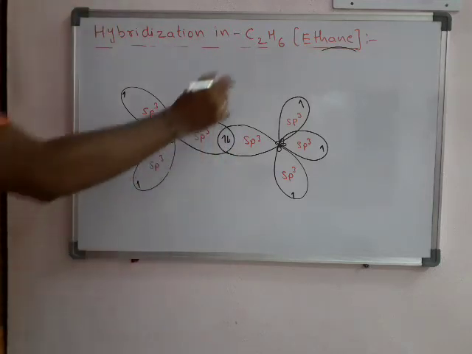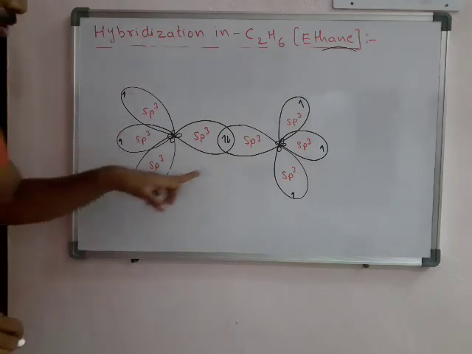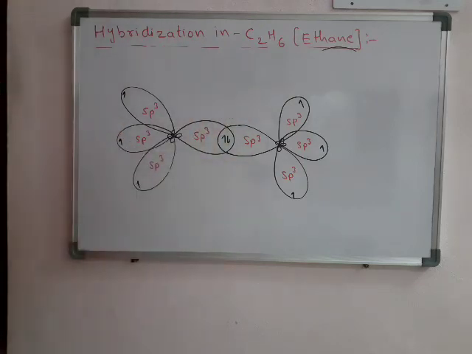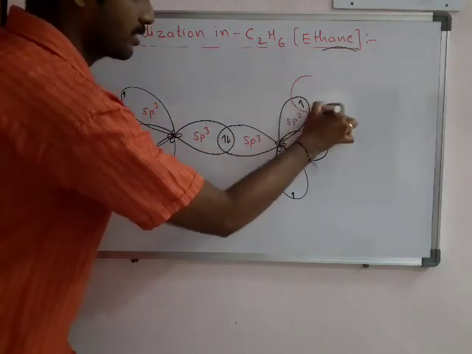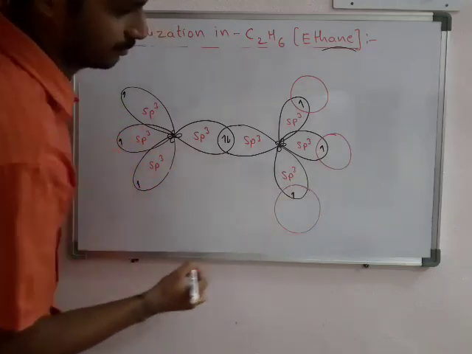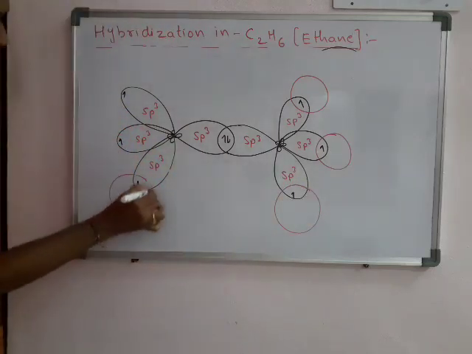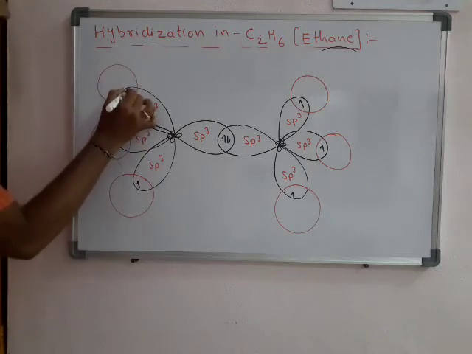Next, how many hydrogens are there? 6 hydrogens, and 6 sp3s are ready for bond formation. So for hydrogens, we create s orbitals.